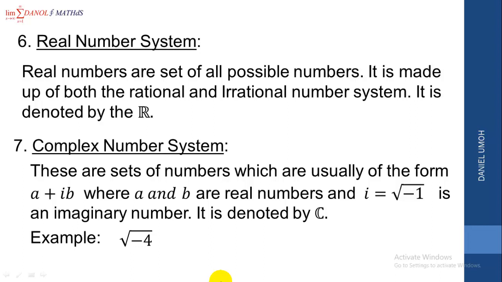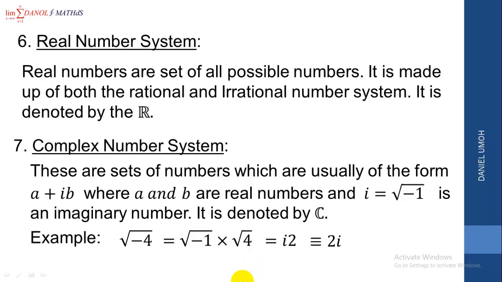So to solve this problem, square root of -4 is equal to square root of -1 times square root of 4. And we have told you that square root of -1 is i. Square root of 4 is 2. So the answer to square root of -4 is i2, which is the same thing as 2i. I hope you understand that.